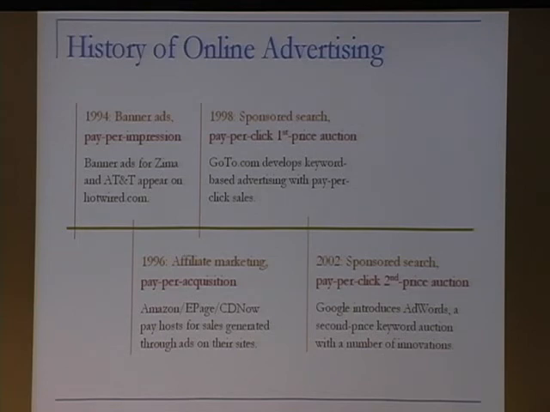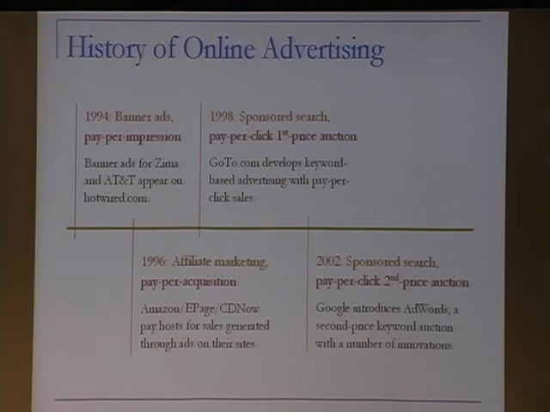In '96, we also started to see some affiliate marketing. These are the ads for Amazon and CD Now and sites like that, where they post ads for a particular product on a host web page, and then when somebody buys this product, Amazon or CD Now or whatever pays some percentage back to the host web page.